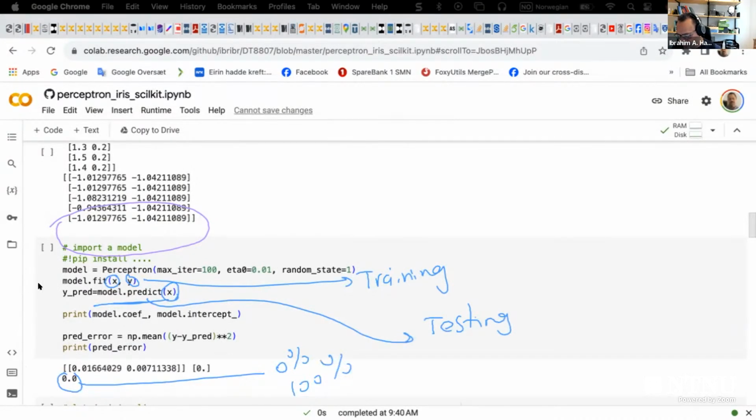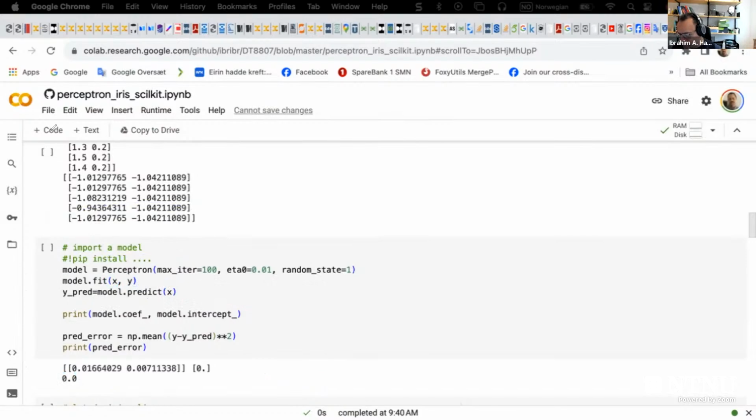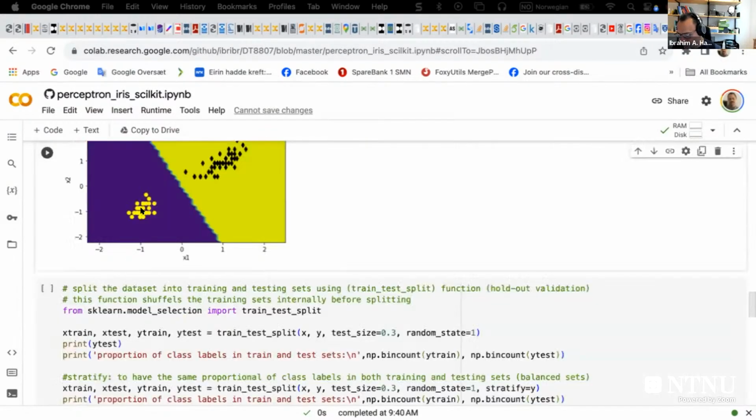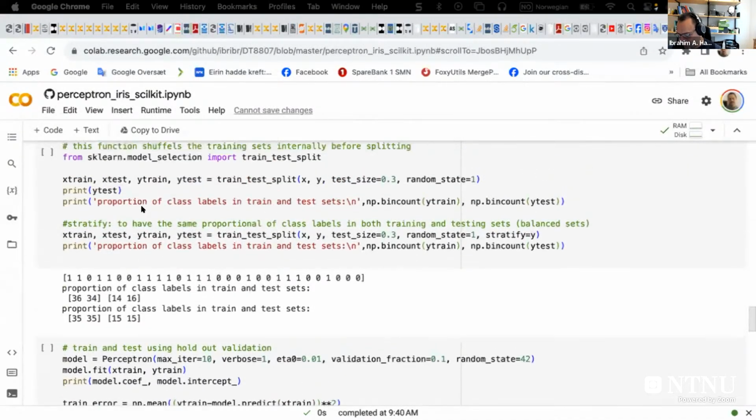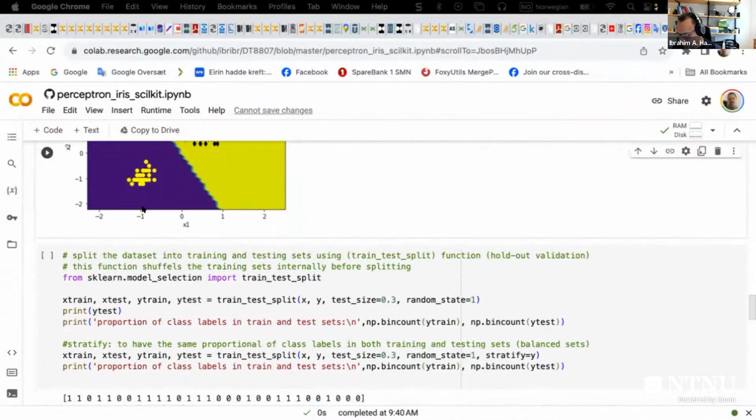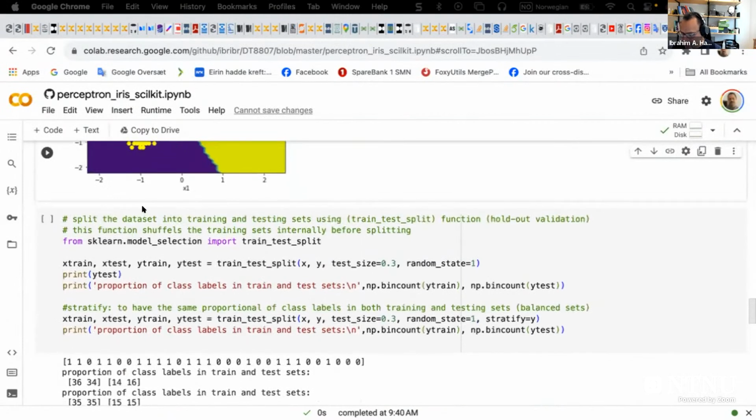Now we need to do it correctly, which means we need to split our data. We have a very nice function called train_test_split.